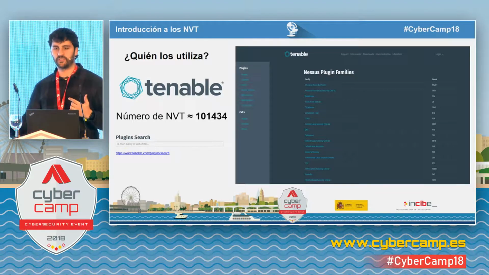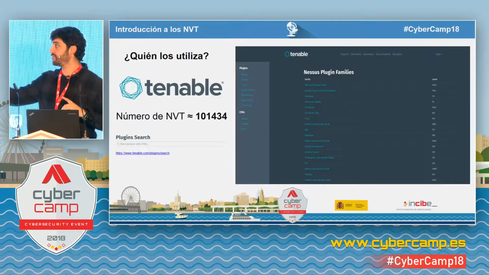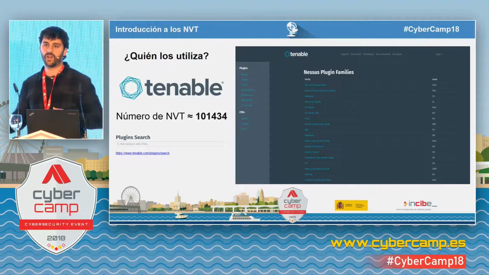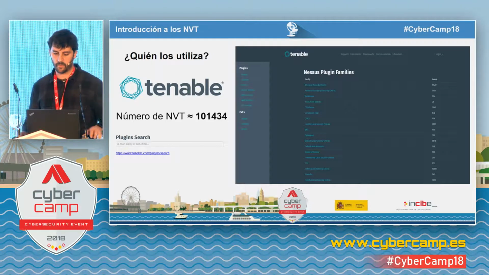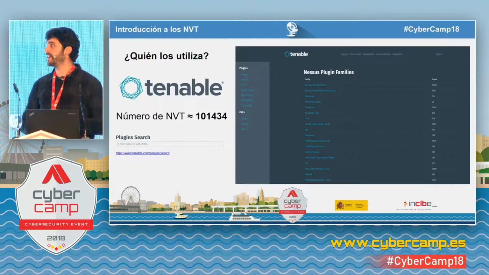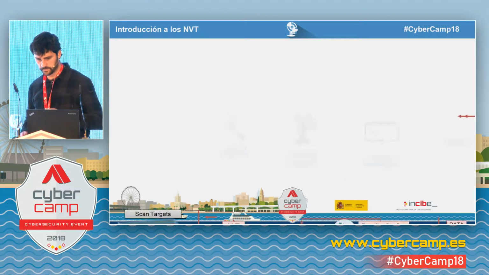They used to have 301 plugins, and now they have 6,000, just from an industrial point of view. I'm sure there are many others. Then you have search engines. You can search for NVTs depending on different aspects.